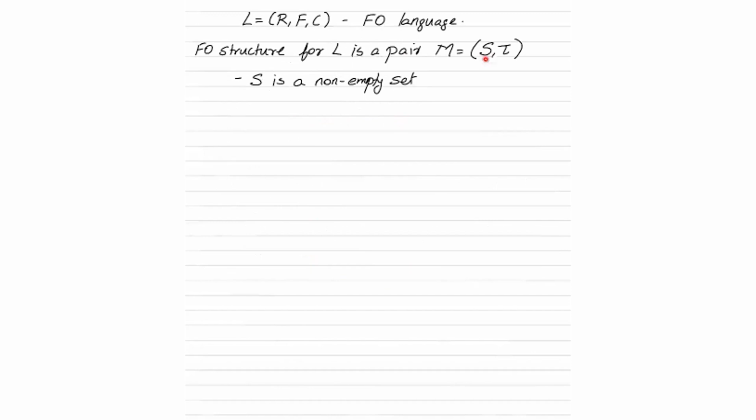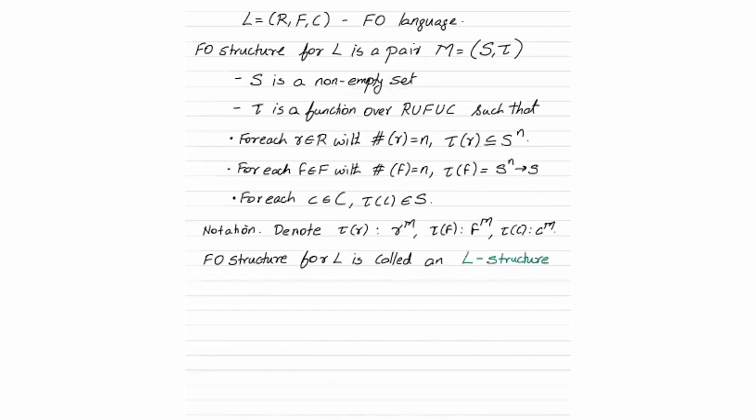You have to specify an underlying set, and this is assumed to be a non-empty set. And you have a function, tau, over the set of relation symbols, function symbols, and constant symbols, which gives an interpretation for these symbols into this underlying set.